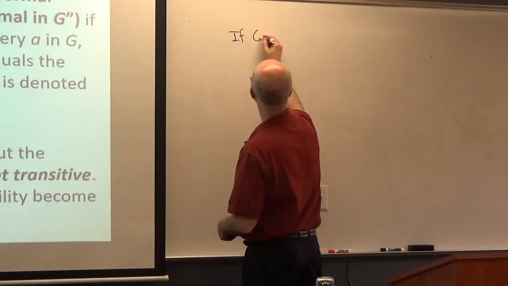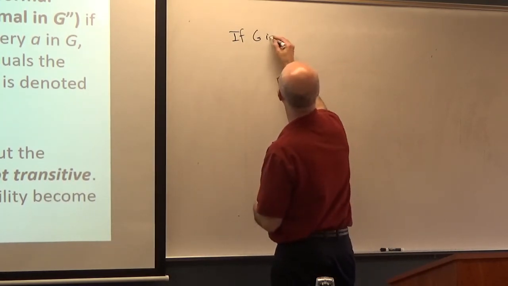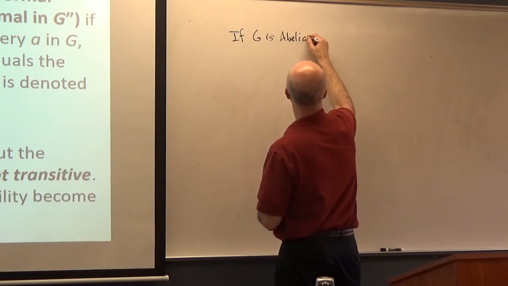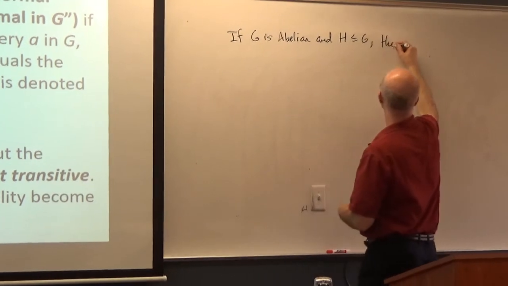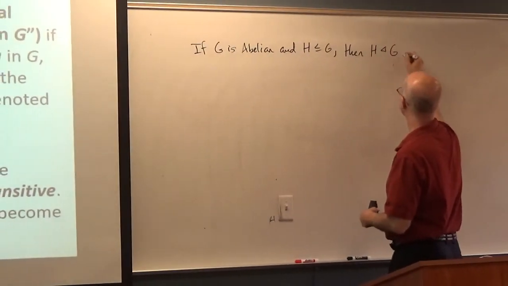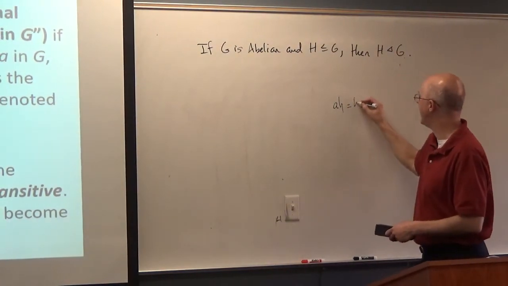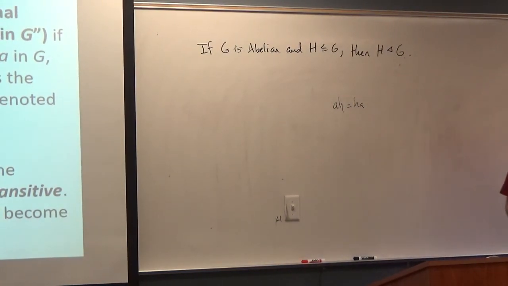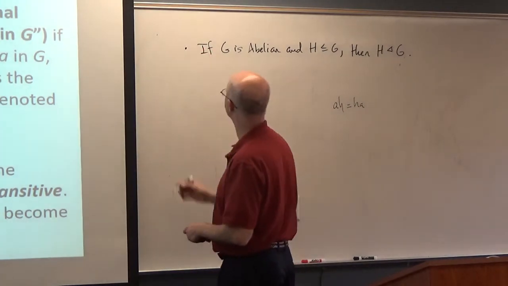If G is abelian and H is a subgroup of G, then in fact H must be a normal subgroup of G. aH would equal Ha for any group elements. hH would equal Hh for any h in H. So that's one trivial fact.